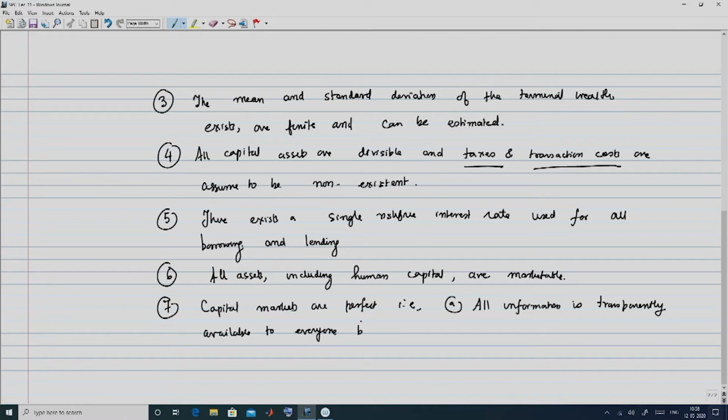That means all investors have identical information, and there is no requirement for margin. And C, there are no restrictions on either borrowing or lending or short selling.